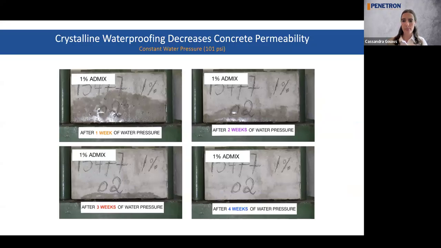This is also a very powerful slide, once again showing the permeability decreasing and how your concrete that is treated with the crystalline technology can resist high hydrostatic pressures. This is the same concrete cube, 4 different photos taken over 4 weeks.